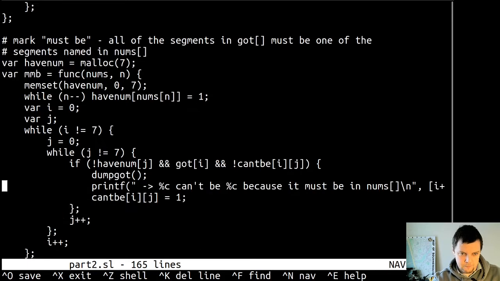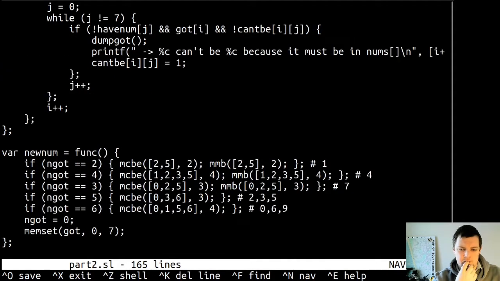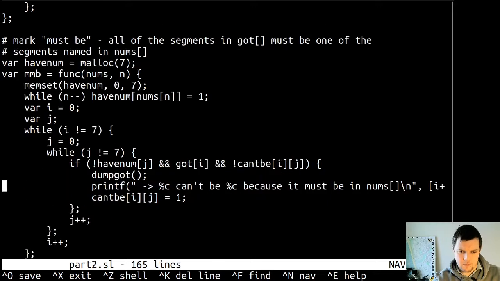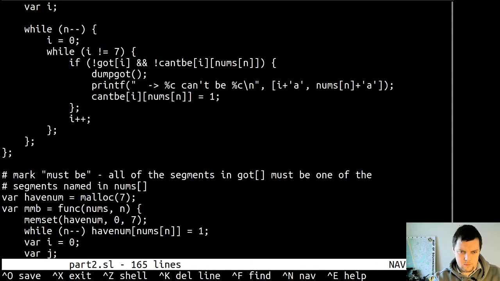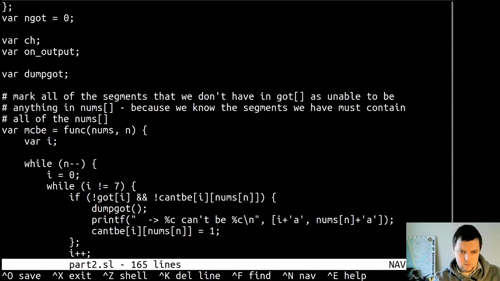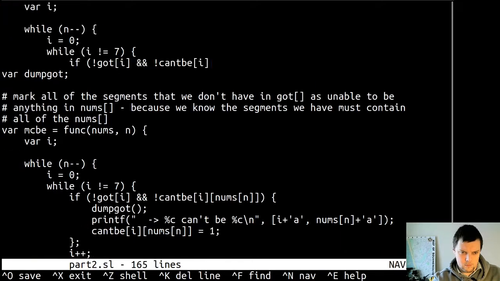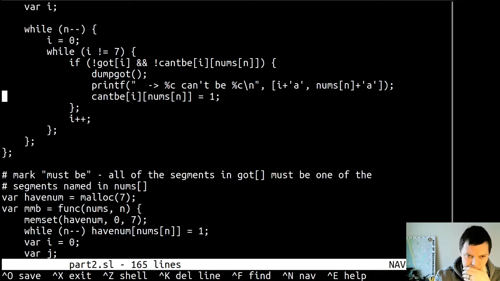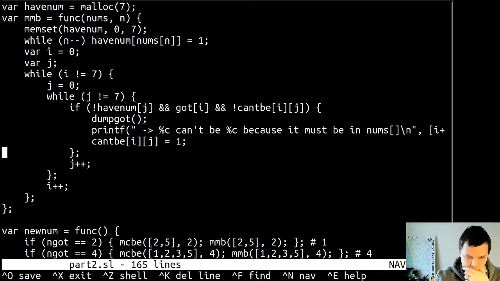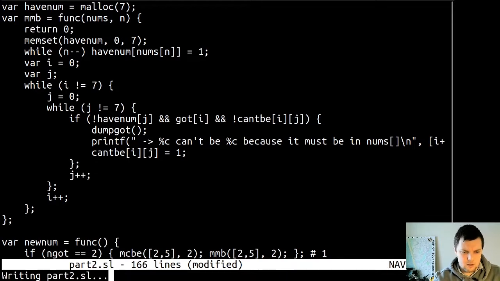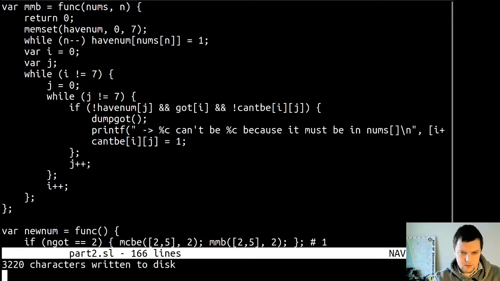I wonder what's going wrong here. Well, let's just make MMB return straight away and see if that solves it, because I think that was pretty much all that I added that was new.